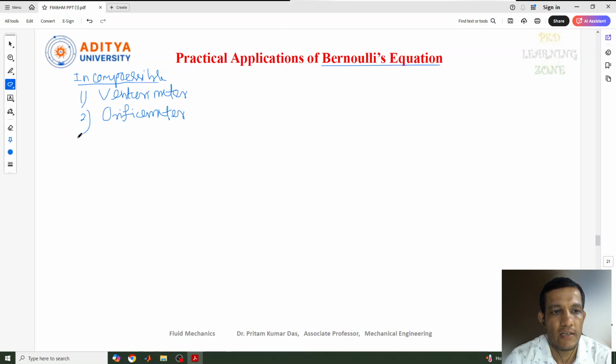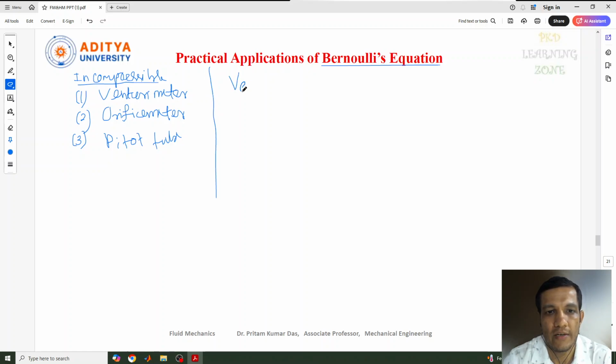So these are some devices which are used to measure the fluid flow. These are the different types. Now the first practical application we'll discuss is the venturimeter.